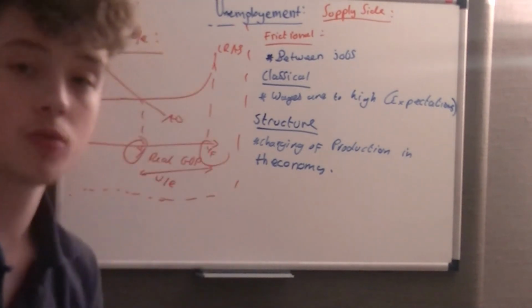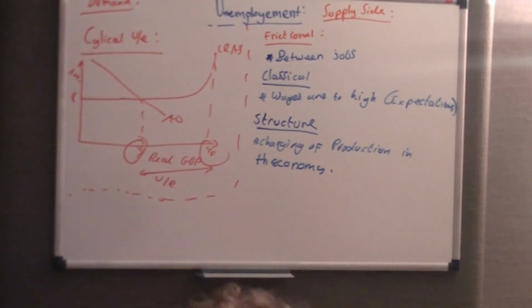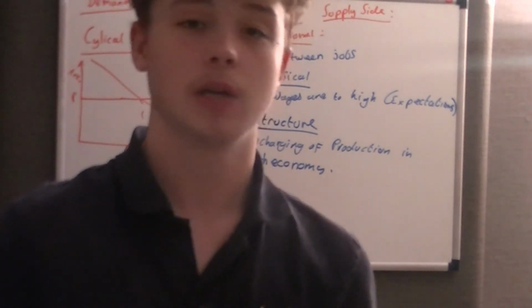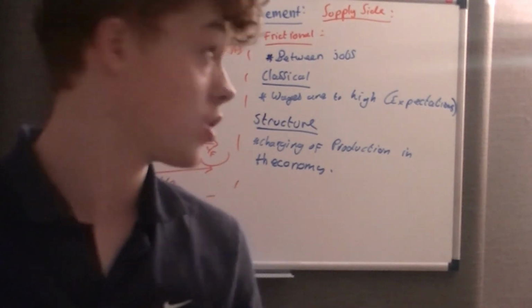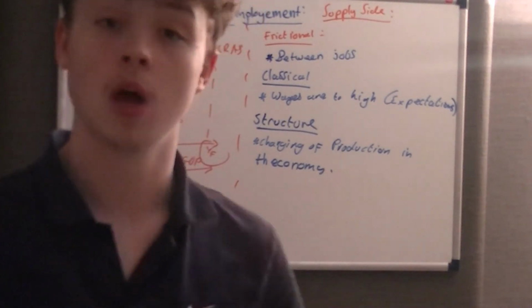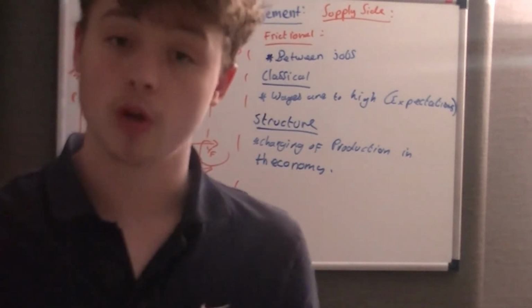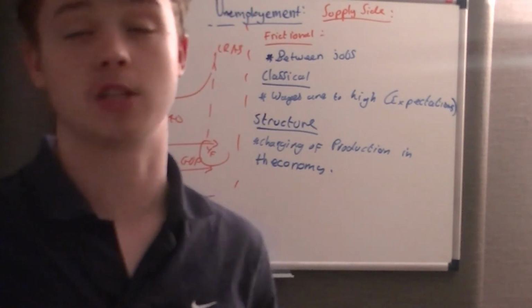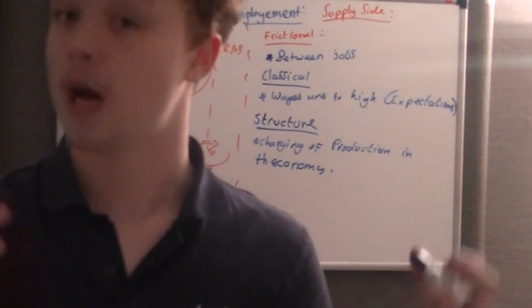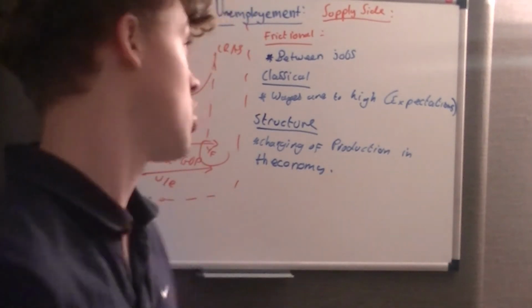So we've got something called voluntary and involuntary unemployment. Now you could say the supply side ones we talked about, such as frictional, classical and structural, are all voluntary. In frictional, the worker said, yes, I want to leave my job, look for a better job. The classical, I'm not happy with this wage rate, I'm going to look for another job.